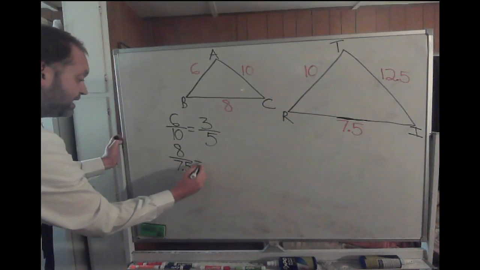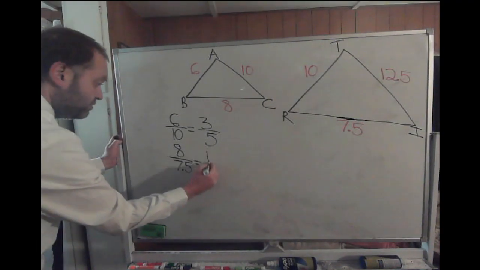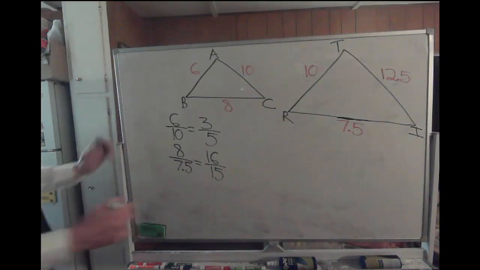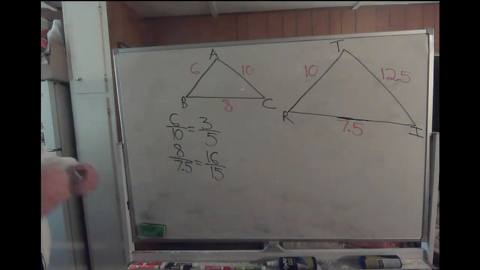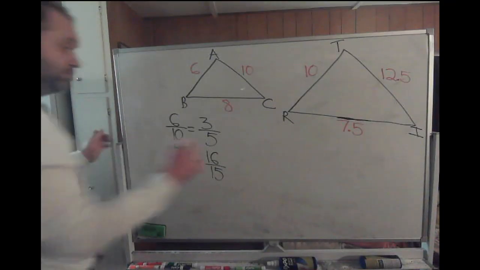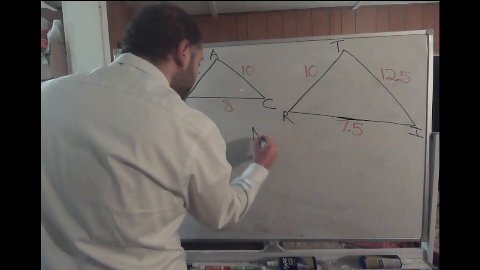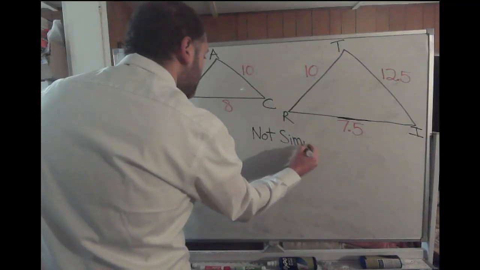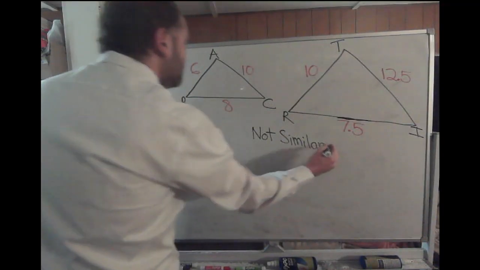You multiply both by 2 to get rid of the decimal, you get 16 to 15, which doesn't reduce any further. So right away, we can determine these triangles are not similar. So these 2 triangles are not similar whatsoever.